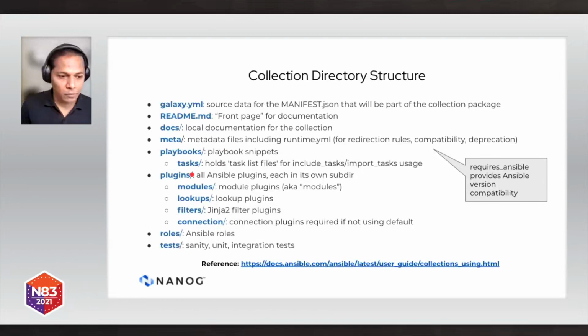These are basically Python files, and they are divided into logical units. So I will be talking about plugins more in the coming slides. So they are modules, lookup plugins, filter plugins, connection plugins. Then roles is something that user writes and builds the functionality or business logic on top of the plugins by using the plugins. And test folder is basically used to have your sanity, unit and integration tests for your collections.